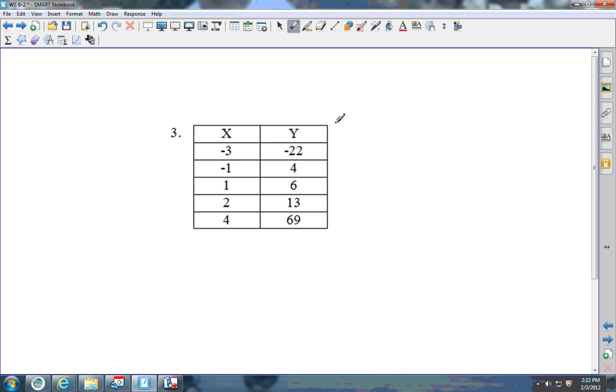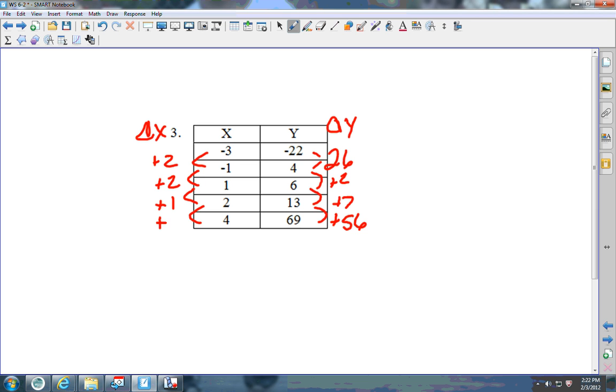The next one, do delta y. Let's go through here: positive 26. Oh, big numbers. Positive 2. Positive 7. Whoa, positive 56. Delta x is plus 2, plus 2, plus 1, plus 2.